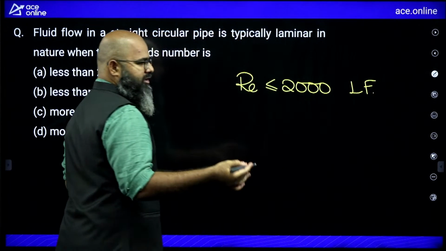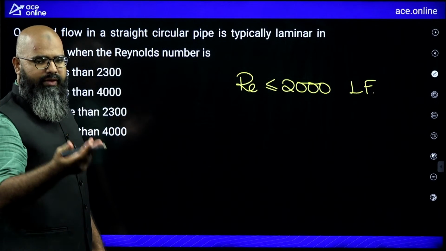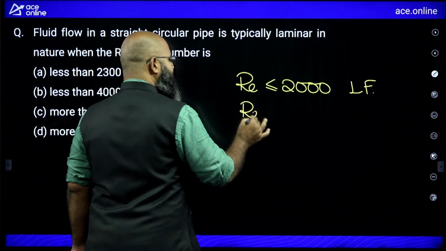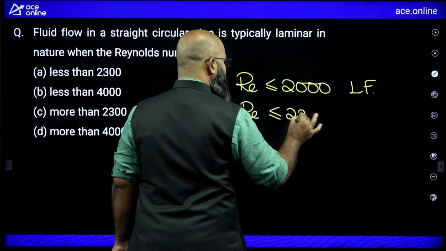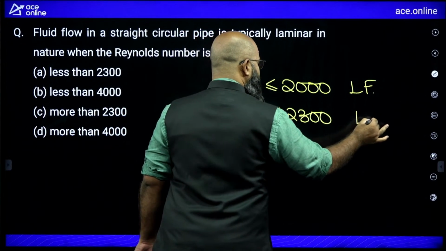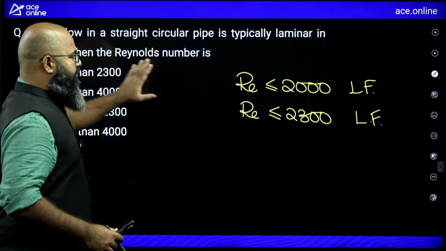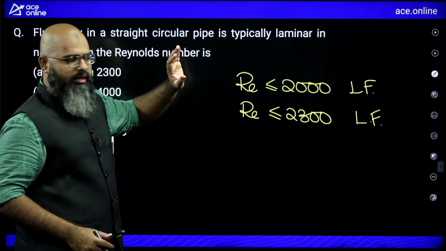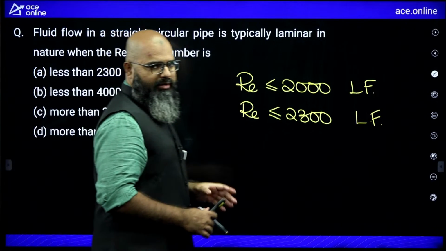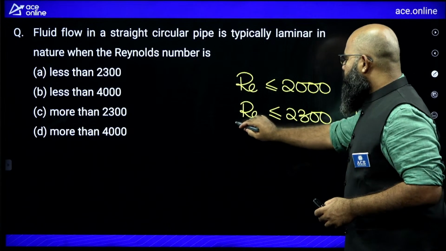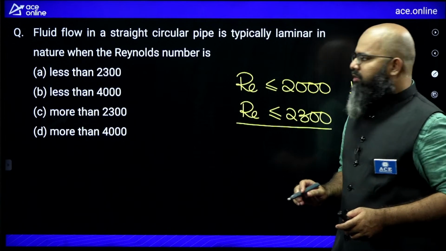There are some foreign authors like Cengel and Frank M. White, who say Reynolds number less than or equal to 2300 is laminar flow. So first priority you give to 2000. If you are not finding 2000 anywhere, as in this particular question, then you go to the second priority, 2300.